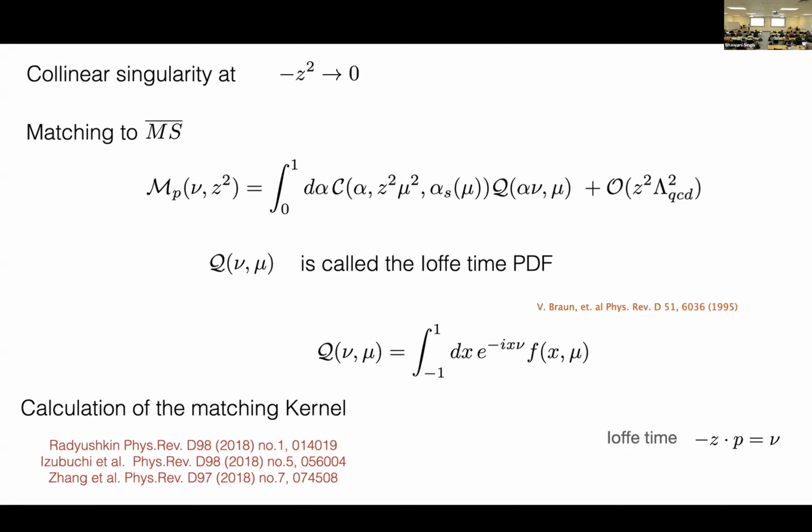And these order z squared terms are called the higher twist terms, because the leading contribution, which is the PDF, is the twist 2 contribution, and this is the subleading. And if you have looked at high energy scattering and factorization theorems, you have heard that there are 1 over q squared power corrections, which are called higher twist contributions.